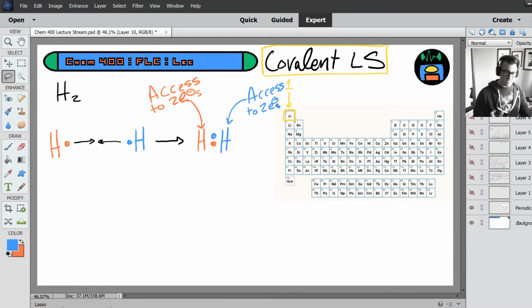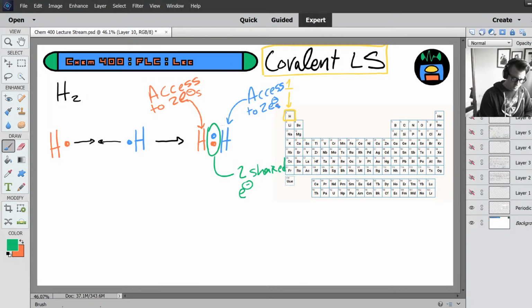Because both atoms have access to the number of electrons they need to attain that stability that helium enjoys on its own. Now, these two shared electrons are a covalent bond.